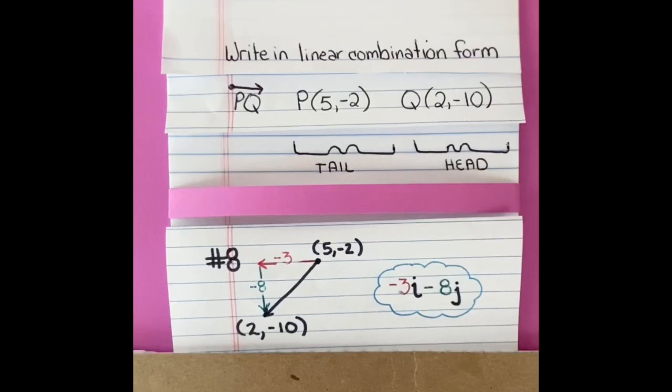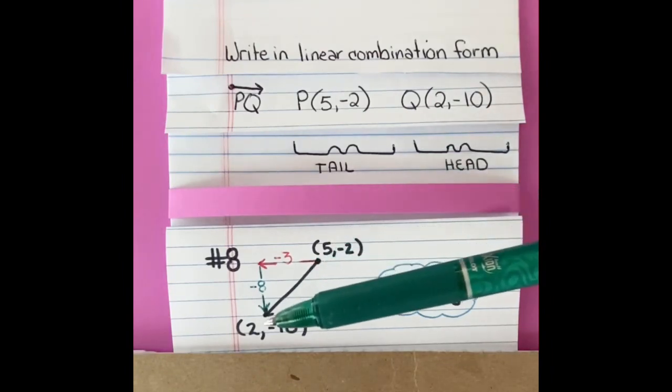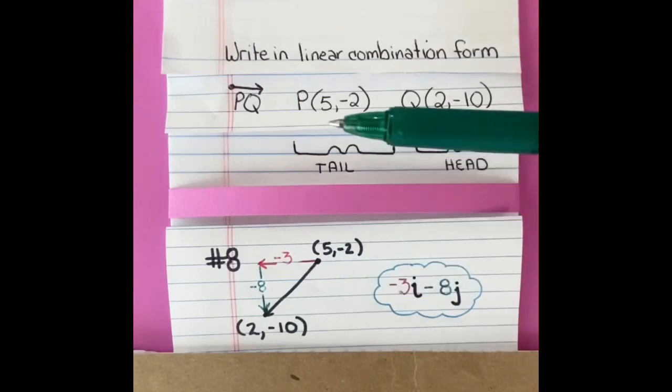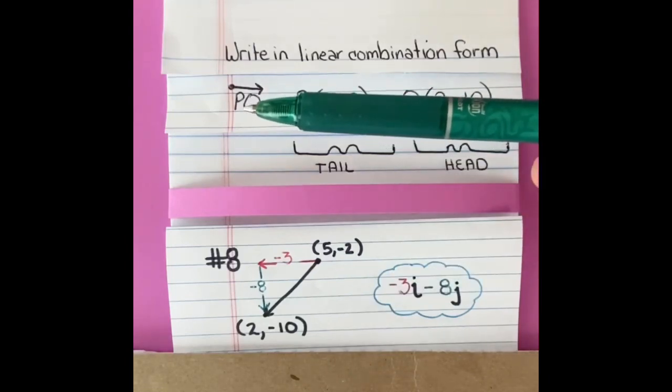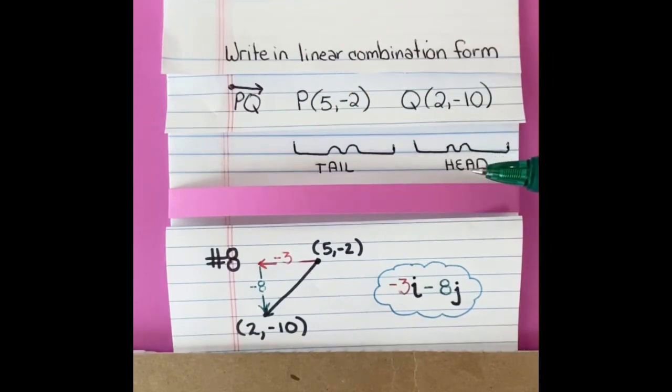To write vector PQ in linear combination form, I began by plotting the tail and then the head. P is the tail because it begins with P, and Q is the head because Q comes second.